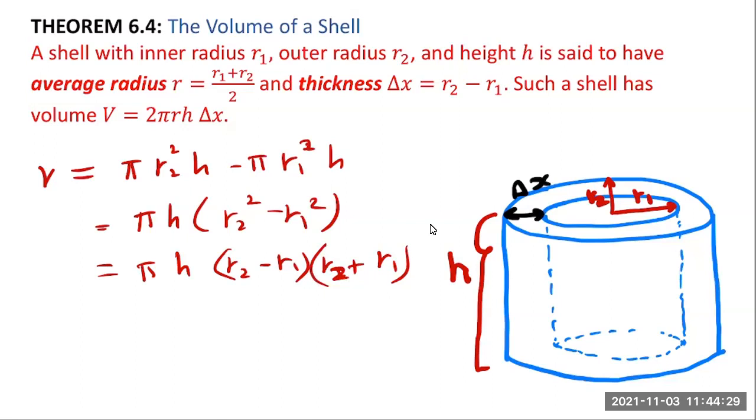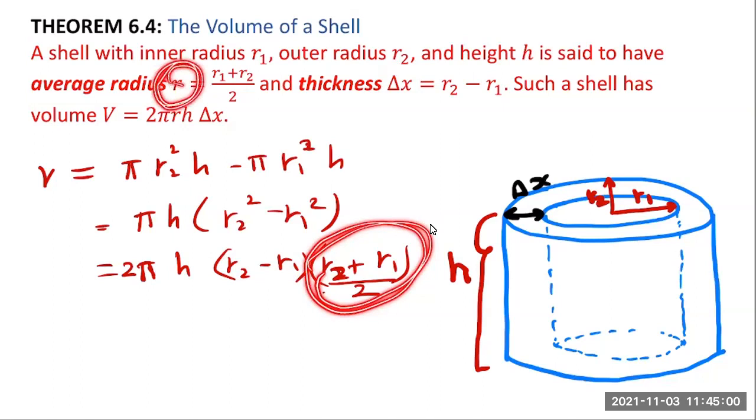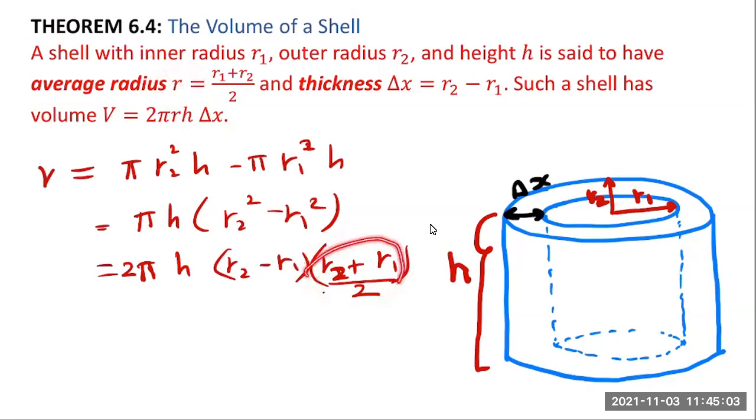Now I'm going to do a small construction here. I'm going to put a 2 underneath here, and then put a 2 to cancel that 2. So this 2 and this 2 will cancel, and you get back what you had. Now what is R2 minus R1? That is the thickness of your shell, delta x. That's the name that we gave. So I can replace this by delta x. And what is this? We took that to be R, the average radius: the inner radius plus the outer radius divided by 2.